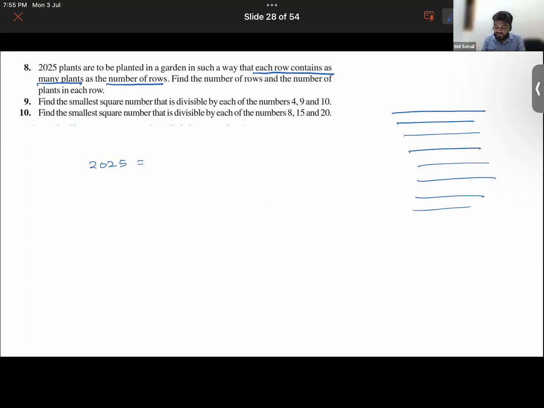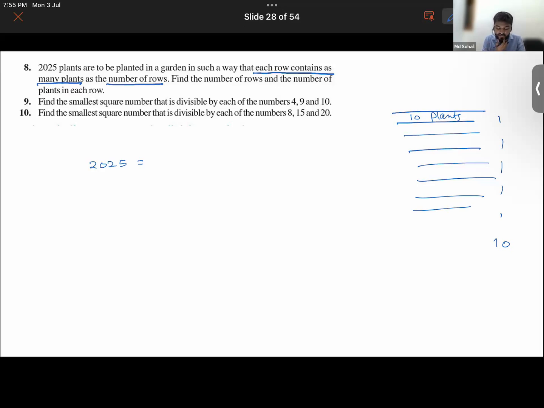Then 10 plants have to be planted in each row. If there are 20 rows, 20 plants have to be planted in each row. If there are 50 rows in total, there have to be 50 plants planted in each row. So here it says that 2,025 plants have been planted.